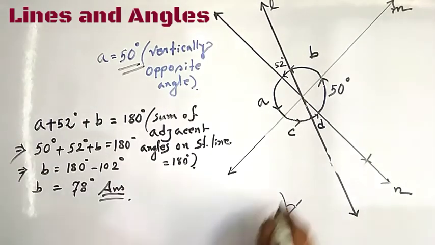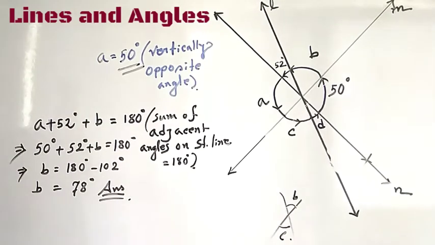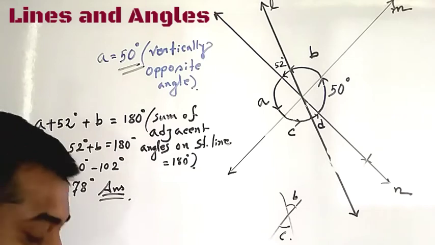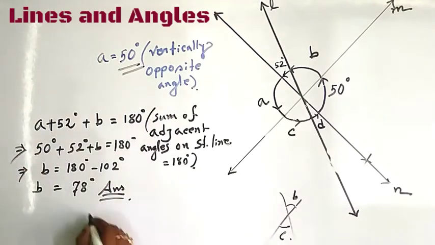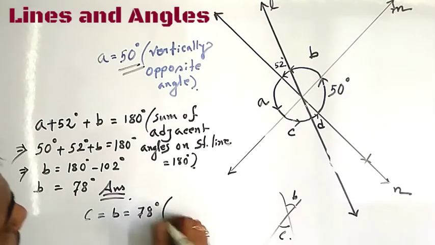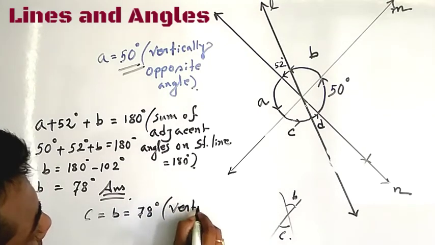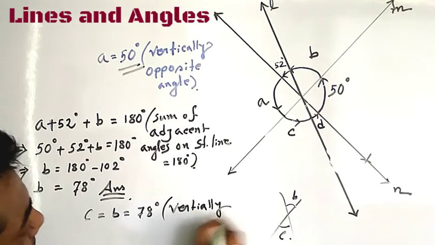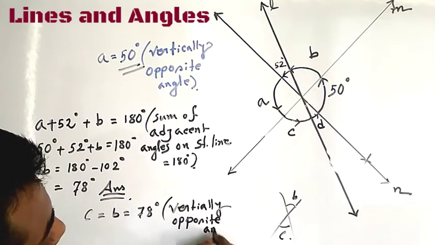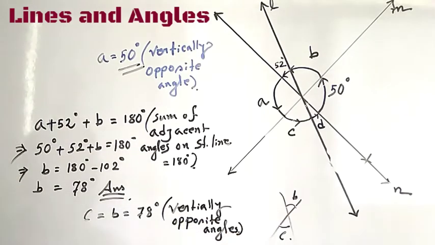This one is B and this one is C. So we can write B equals C, or C equals B, and the reason will be vertically opposite angles. So we will write C equals B equals 78 degree, within bracket vertically opposite angles. So our C is ready.